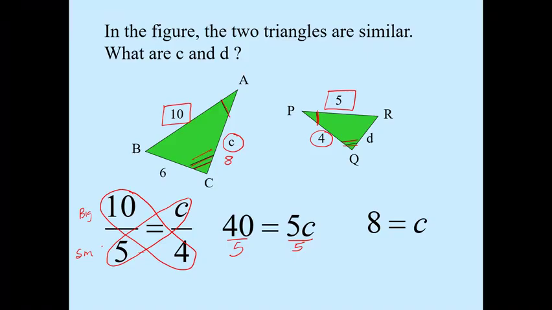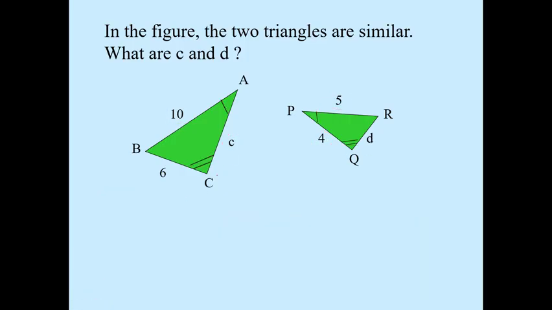Now, let's do it again, because do we have any other missing sides? Oh, my word, we do. D, we've got to find D. So let's do it again. Pick two sides that you know. We're going to do 10 and 5 again. You can just use the same sides. And then what goes with D? 6. So we can choose 6.